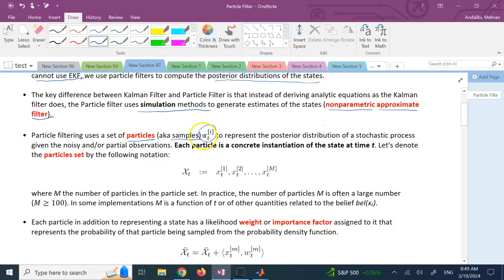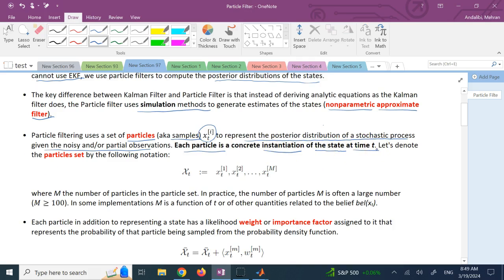So i is the ith particle and t is the time. These particles represent the posterior distribution of your states. If we want to define a particle, we can say each particle is an instantiation or representation of the state of the system at time t.